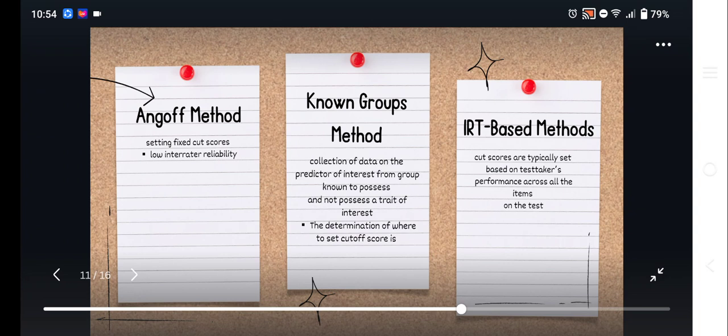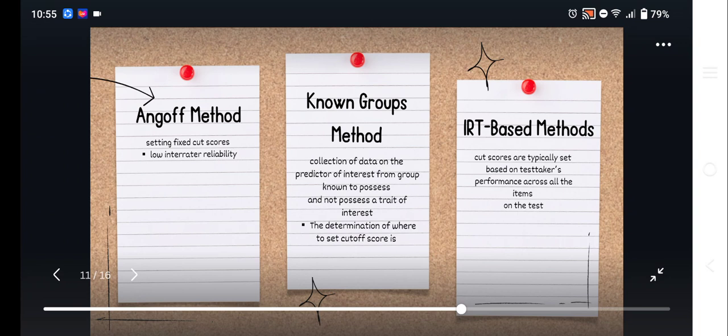And ito pong Angoff method and known groups method are both based in classical test theory. Okay? In the IRT framework, each item is associated with a particular level of difficulty.